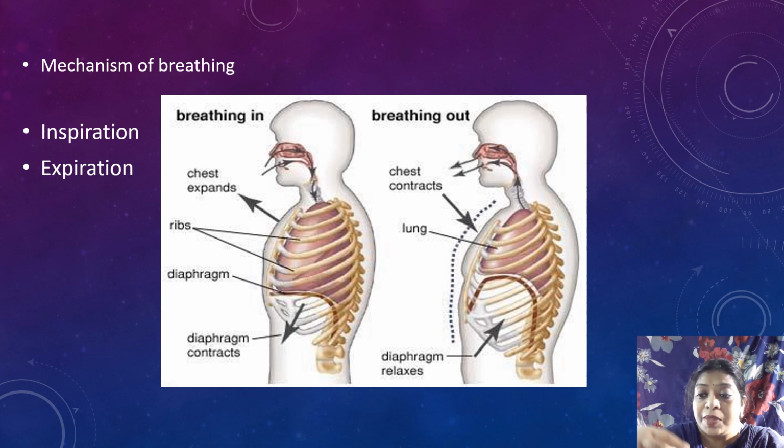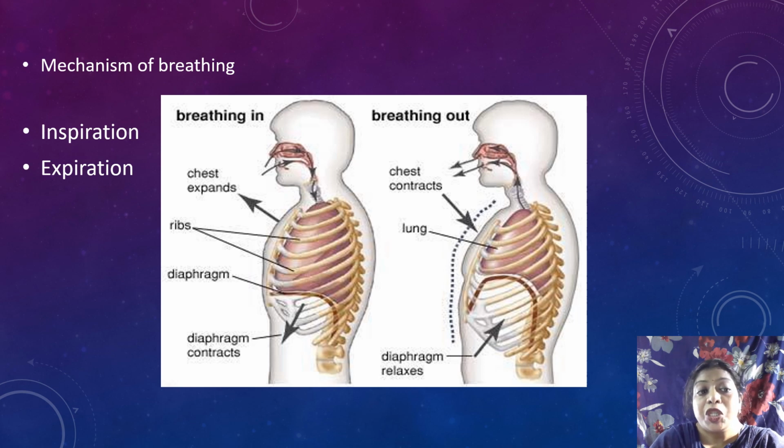Your ribs are taken upwards, right? So as a result, your C-shaped diaphragm becomes flat. When the diaphragm becomes flat, it leads to the increase of the volume of the lungs. So this is the inspiration.